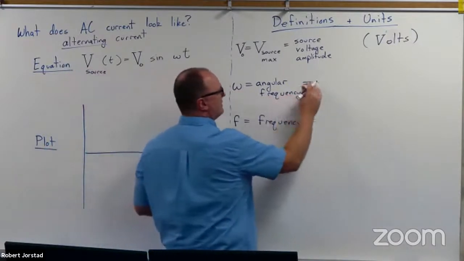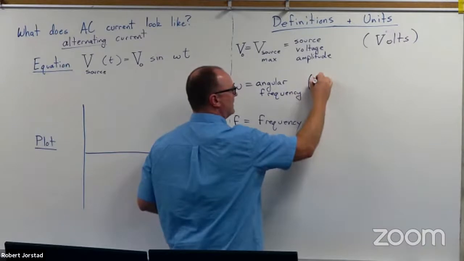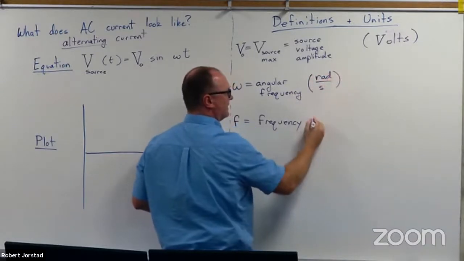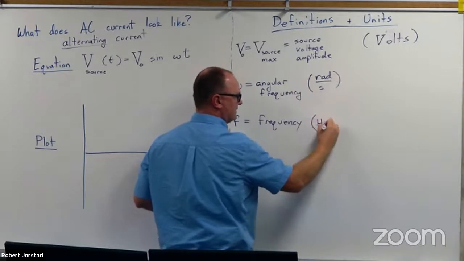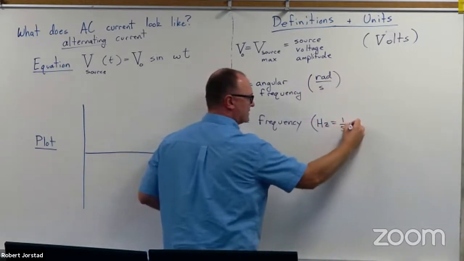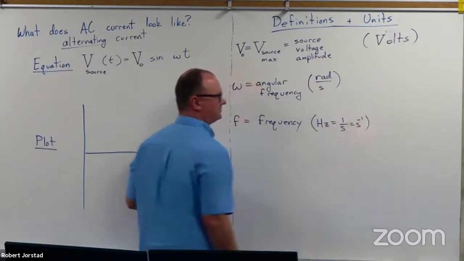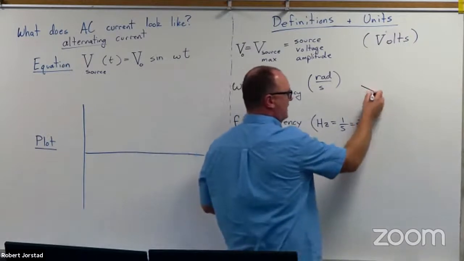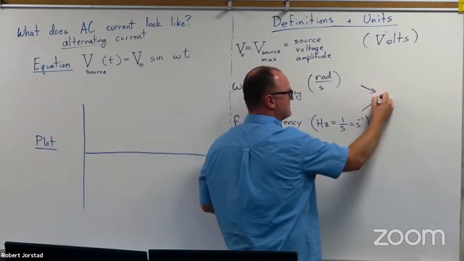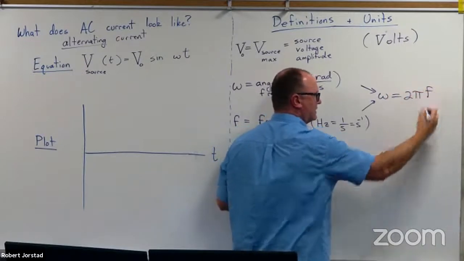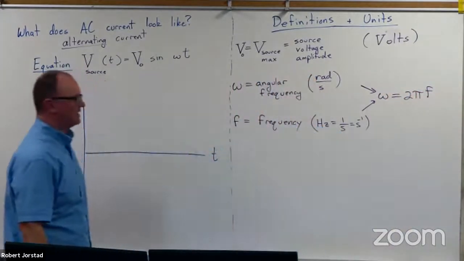This one has units of radians per second. This one has units of hertz, or 1 over seconds, or seconds to the minus 1. These two are related by the equation omega equals 2 pi f, the same one that we used in chapter 10, rotation.